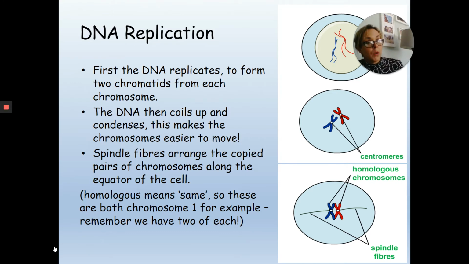So the homologous chromosomes are the same number chromosomes, okay? So they are lined up in the centre of the cell by the spindle fibres, ready for the first division.